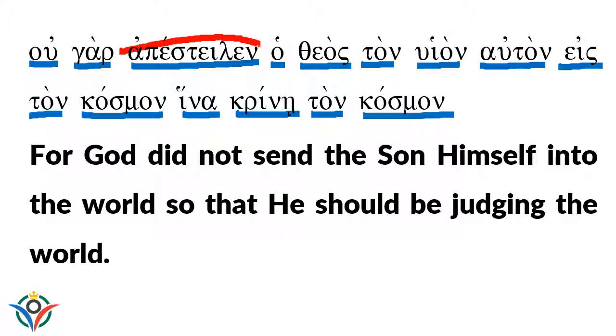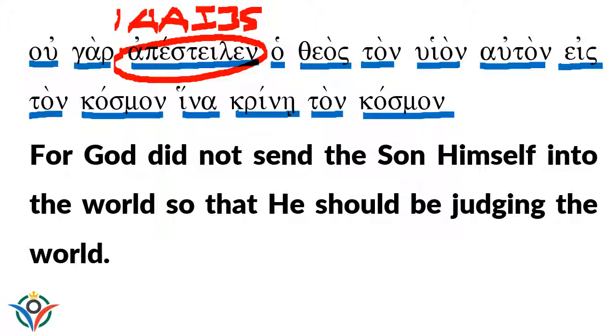This verb apesteilen is a first aorist, active, indicative, third person singular from apostello. Then we have the subject ho theos, because it's in the nominative case. And then this third person personal pronoun auton is standing in the predicate position, and it's there for emphasis. That's why we translate it as himself.